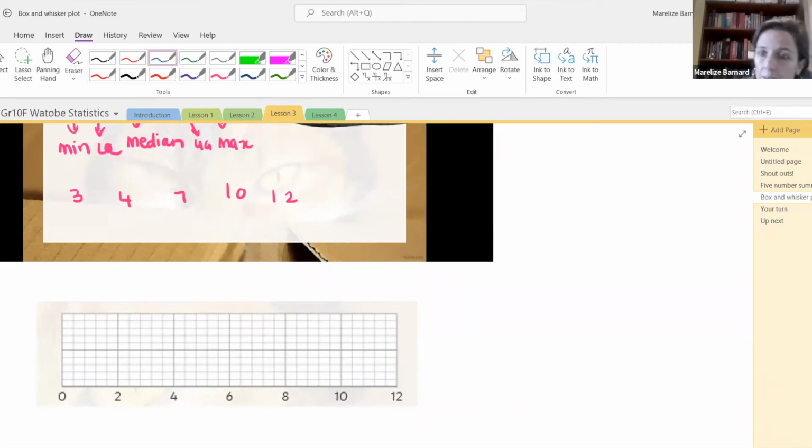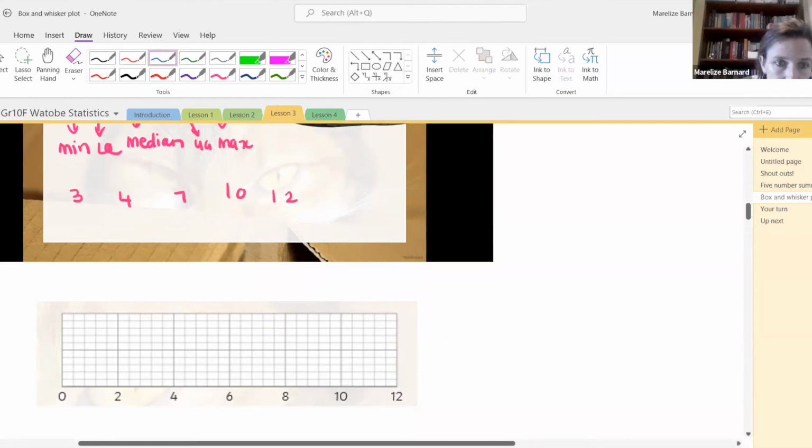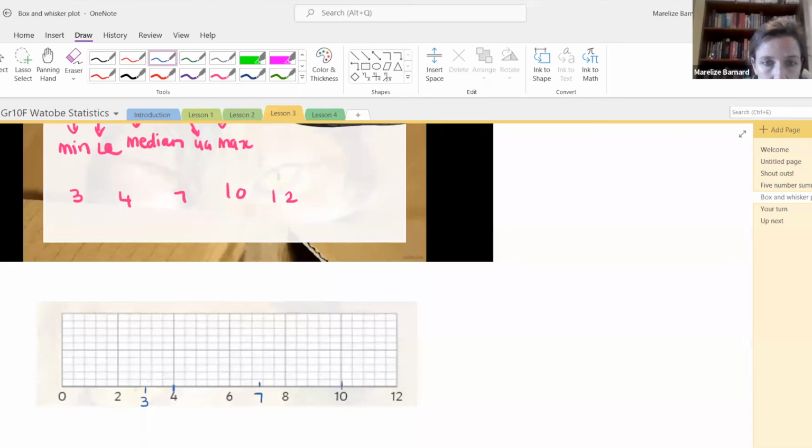So once you have your line and it looks like this, we're going to start with the 3, which is the min, and you mark it off here. So say 3 is here. That's 3. That's 4, obviously. 7 is over here. 10 and 12.